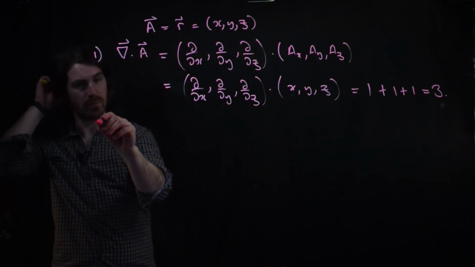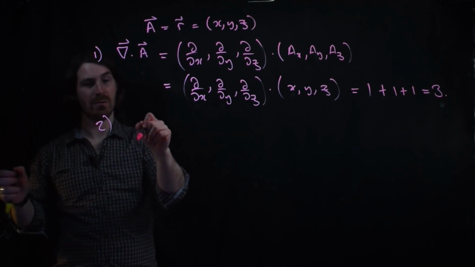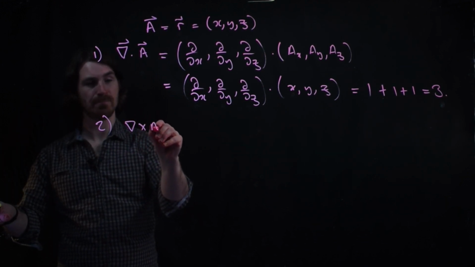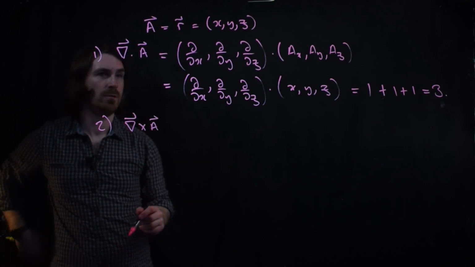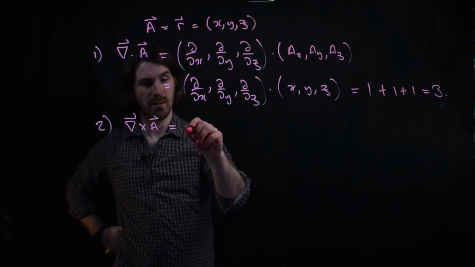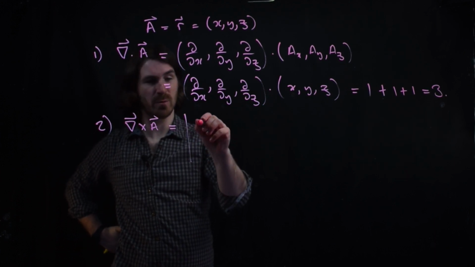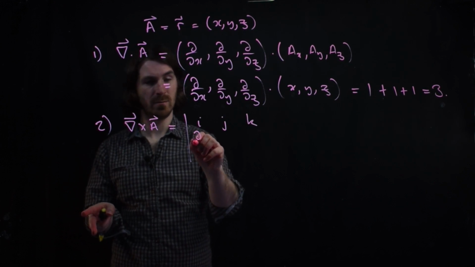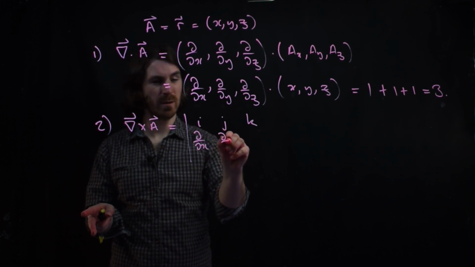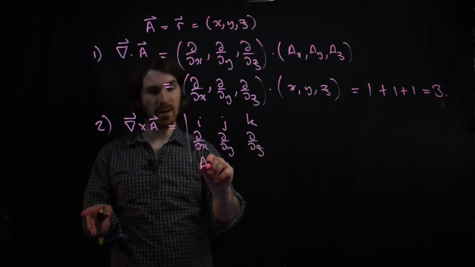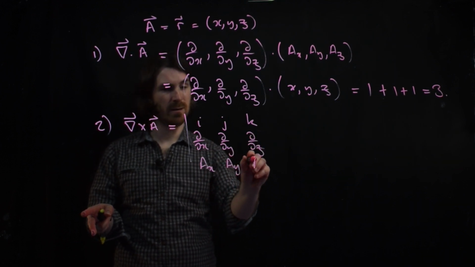What about the other derivative? It's the curl of A. Remember the curl is given by the cross product of d by dx, d by dy, d by dz, with ax, ay, az.